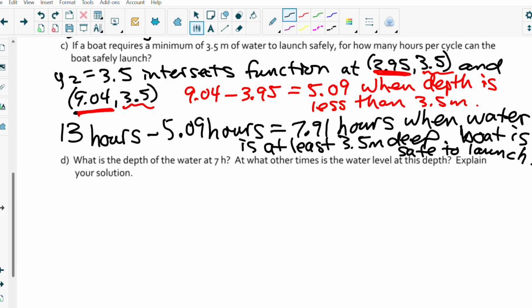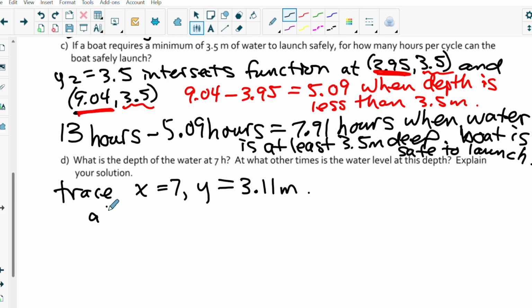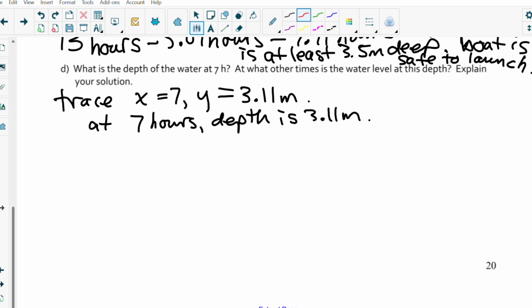What is the depth of the water at 7 hours? So trace x equals 7, y equals 3.11 meters. So at 7 hours, depth is 3.11 meters. Okay? If I show this graph like this, and oops, let me do this.